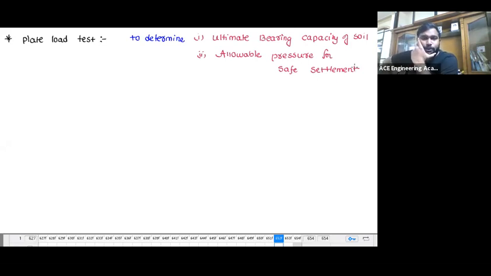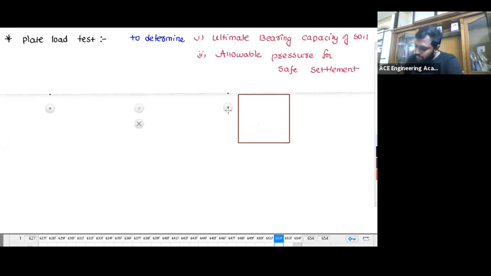Let's see how we are going to conduct this test. Generally we know that if we go for excavation, this is a normal foundation that we construct.